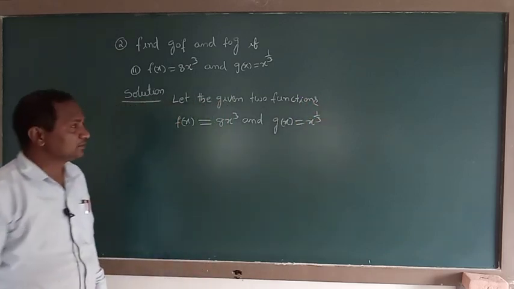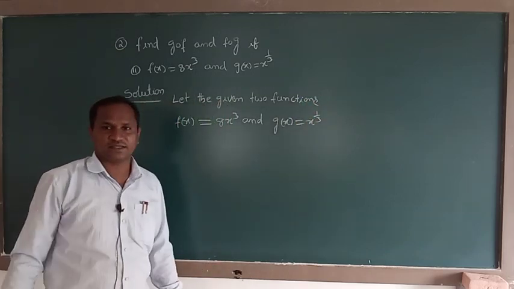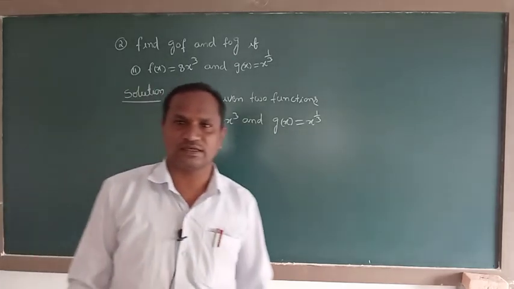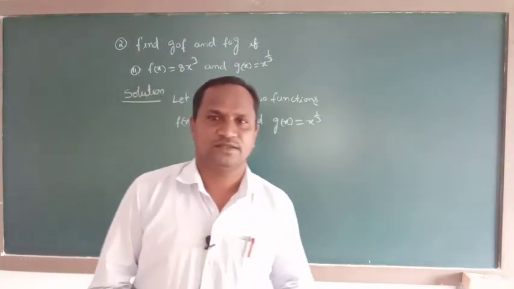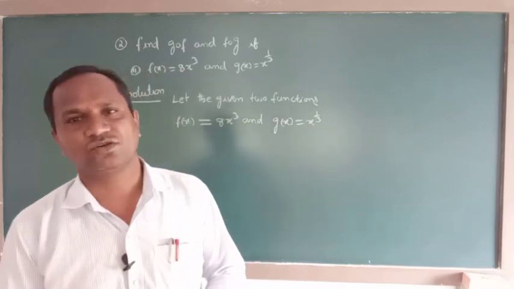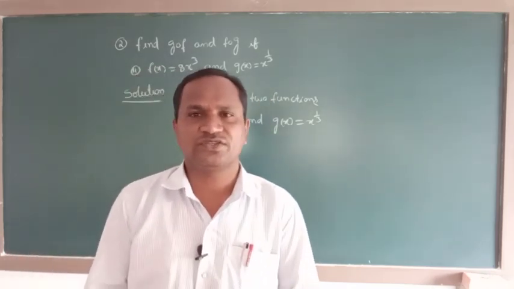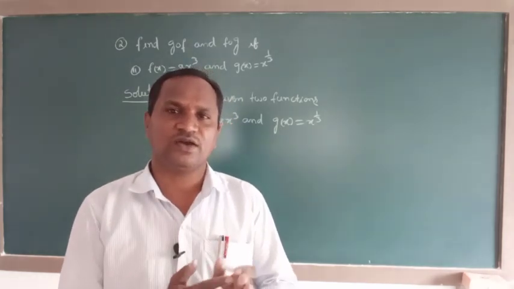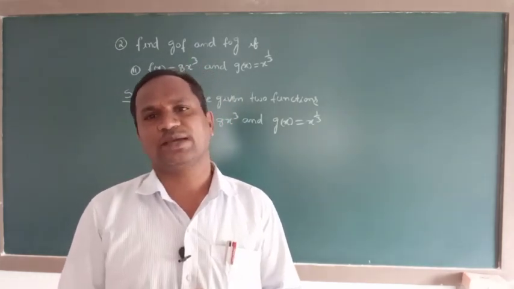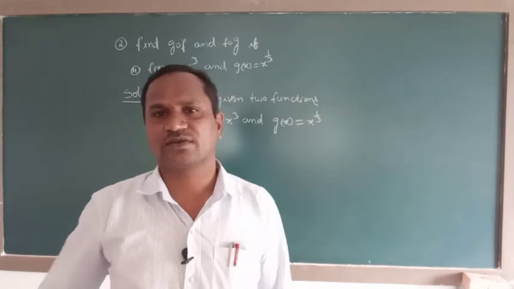The first one is g circle f of x and the second one is f circle g of x. Same concept: g circle f of x is g of f of x, and f circle g of x is f of g of x. We have to apply these two formulas for this question.